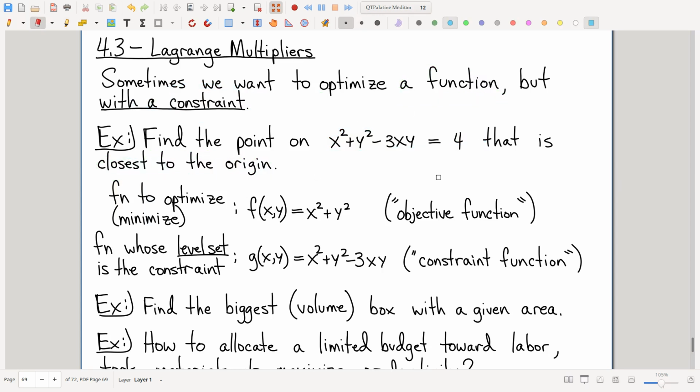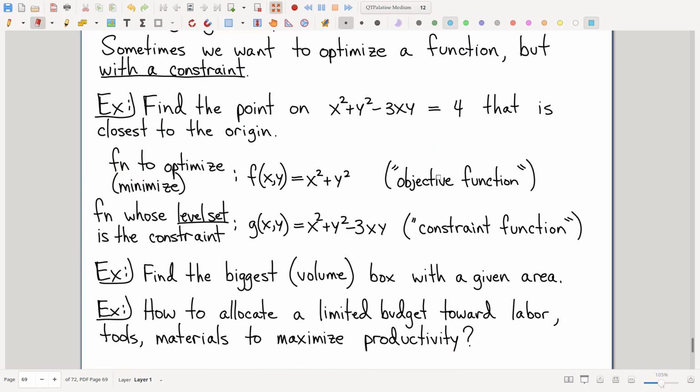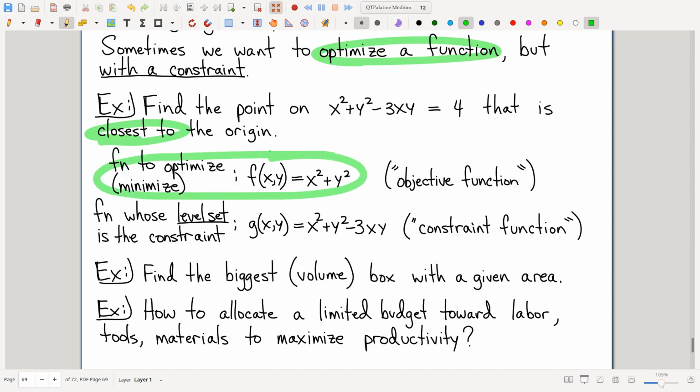Okay, just to get some terminology established and see some examples, we need to always identify the function that we want to optimize. In this case, we're looking at distance to the origin. This is going to be called our objective function. I just made a whoopsie, did it on purpose. It's a slick move.